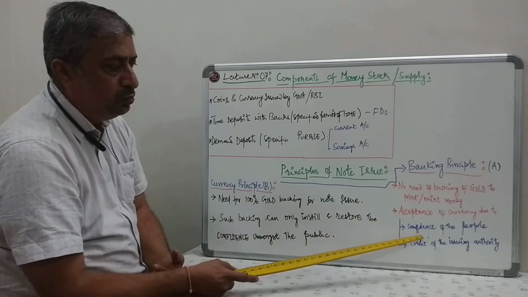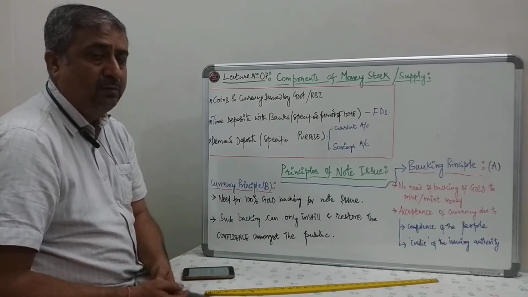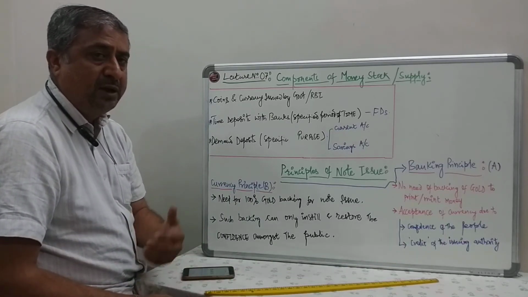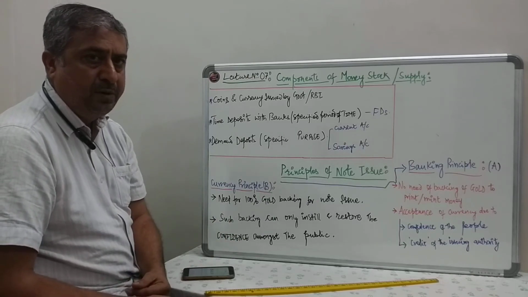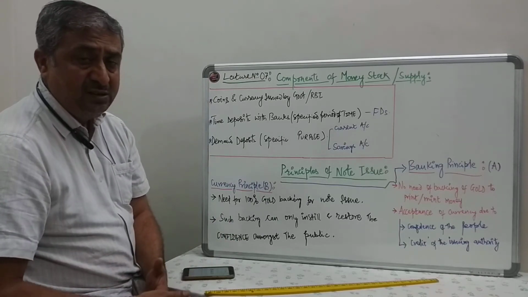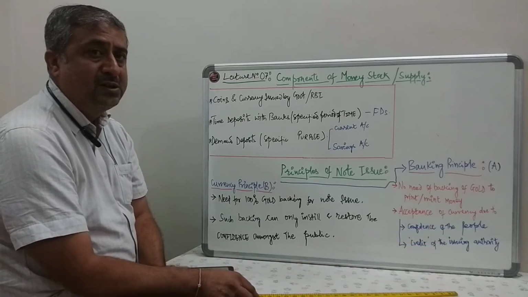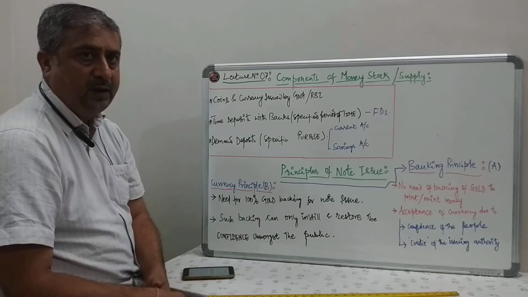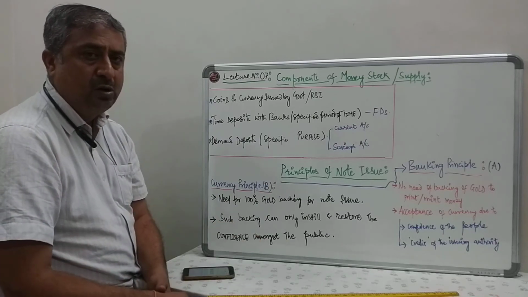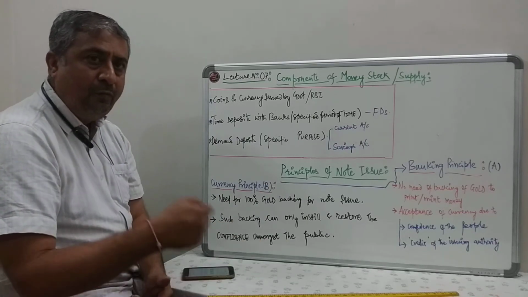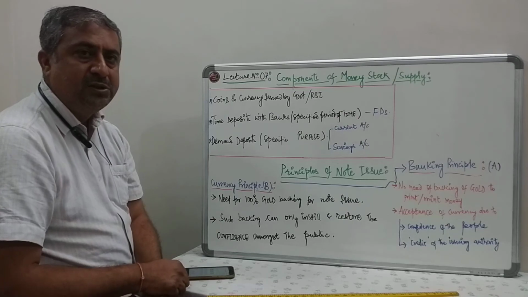Now, why is there acceptance of currency? How is money that is not backed by gold accepted? It is accepted because people have confidence in the money. Yes, this money, even though it is not backed by gold, will buy me certain goods and services.